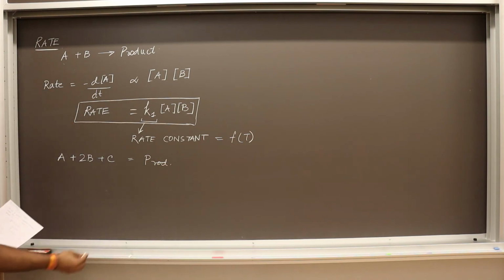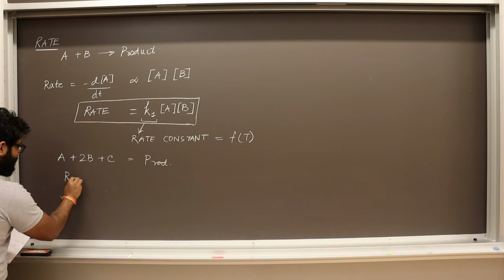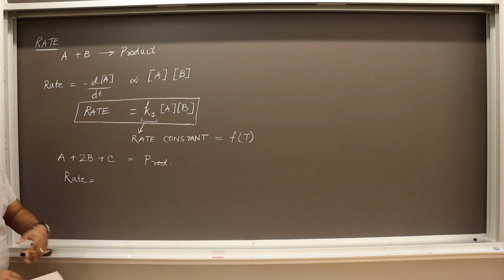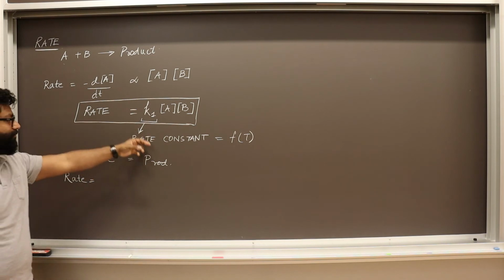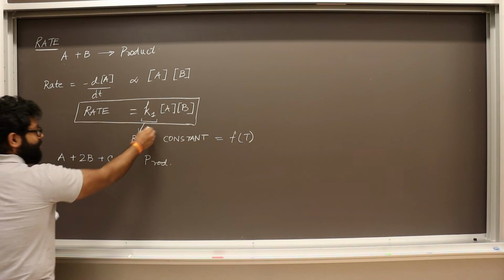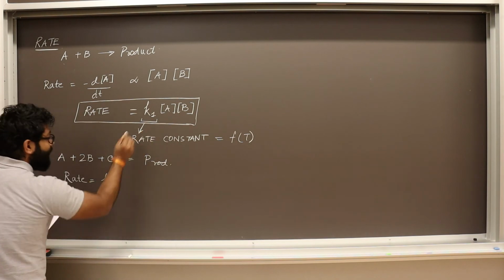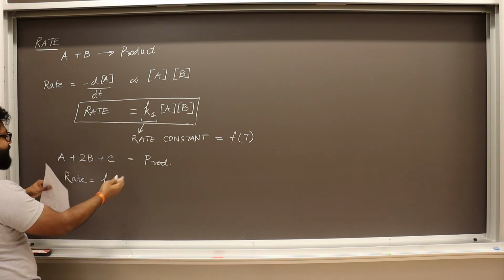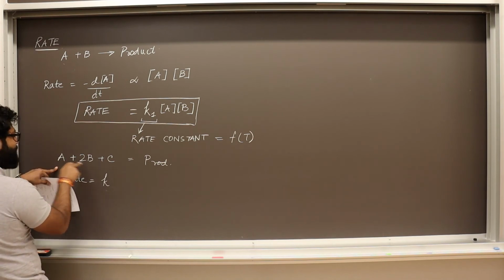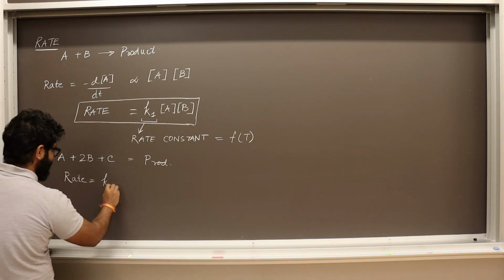Okay, then how are you going to write the rate? We know that the rate is minus dA by dt, that's how it is defined, but how are we going to find the rate in here? We are going to find the rate using the same approach, because the rate of the reaction will be proportional to the concentrations of A, B, and C, if this is an elementary reaction, right?